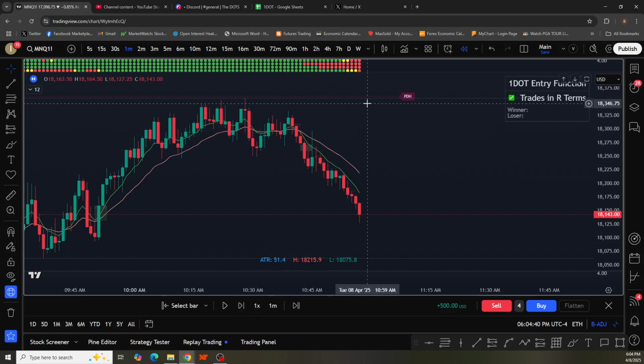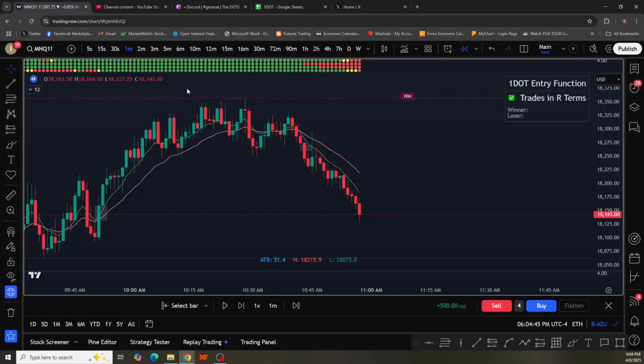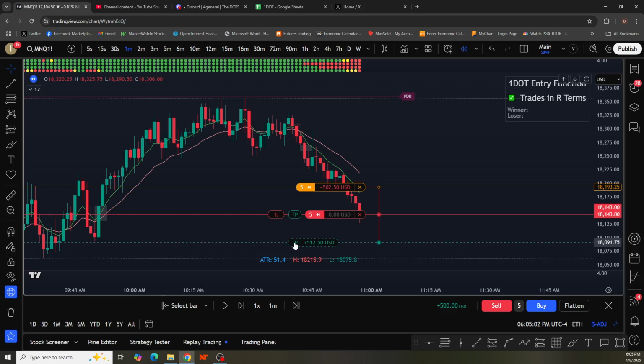So right here we get a first closure of a column of red dots. ATR is about 50 points. Boom, so 5 micros and you're short. So risking 500 to make 500.